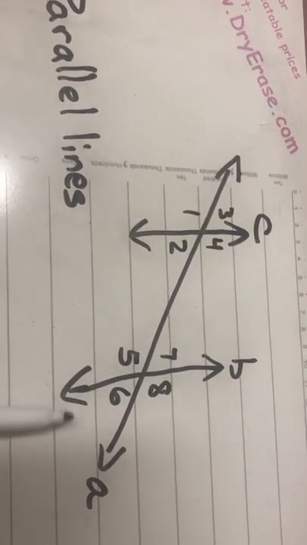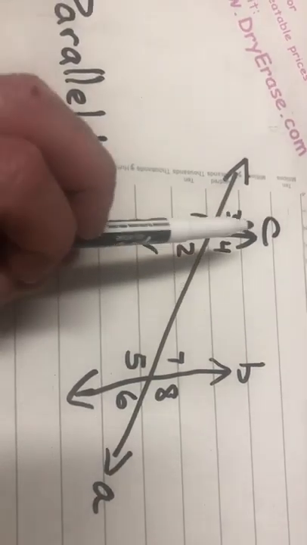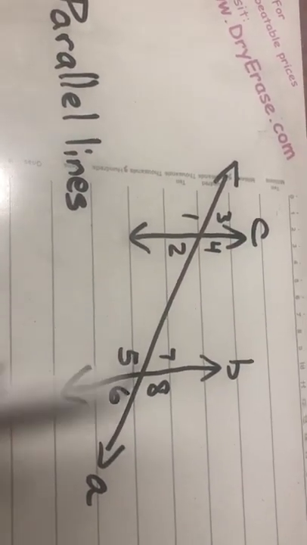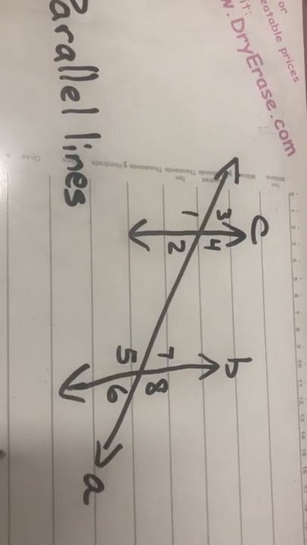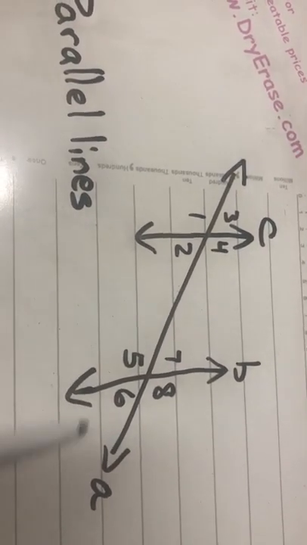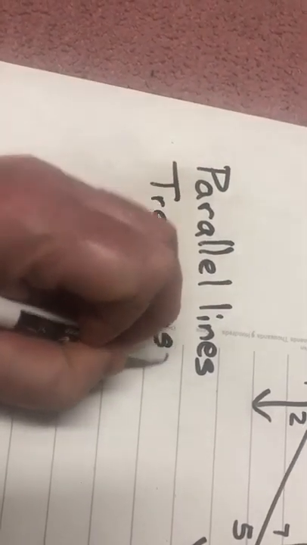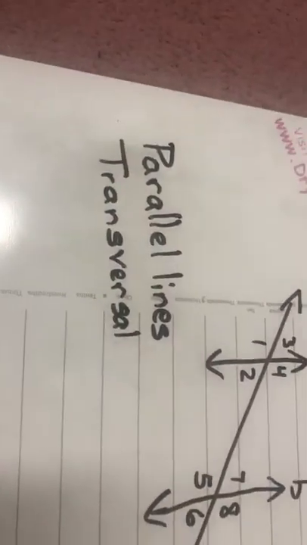If I look at this figure, I should be able to realize that line C and line B are parallel lines, because if they keep going, they will never actually cross. So in this figure, the parallel lines are B and C. Another term that you need to be familiar with is transversal.